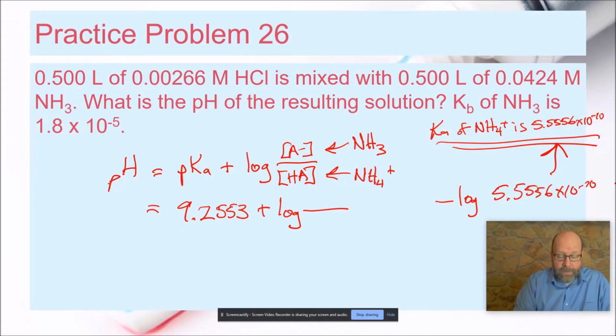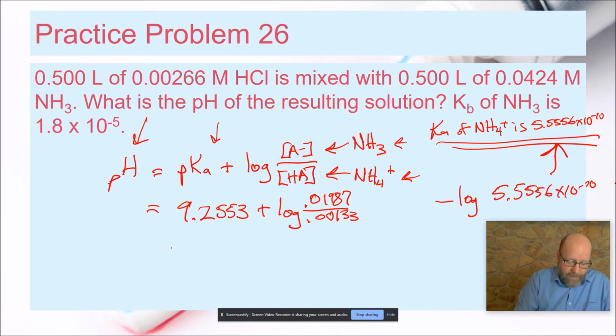So the conjugate base, again, is, in this case, the ammonia, so the NH3. So that value is 0.01987, and the other value is 0.00133. That's our concentration of ammonium, right? Because that's our acid, and that's our conjugate base.